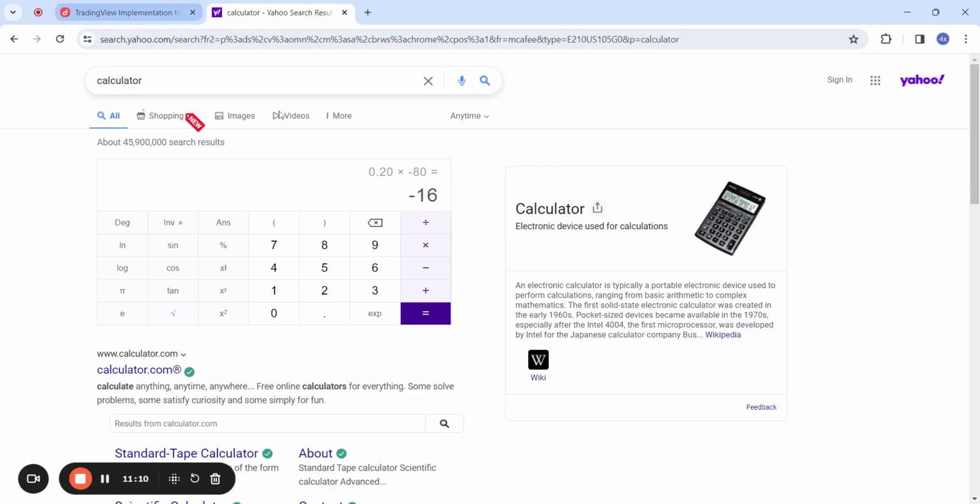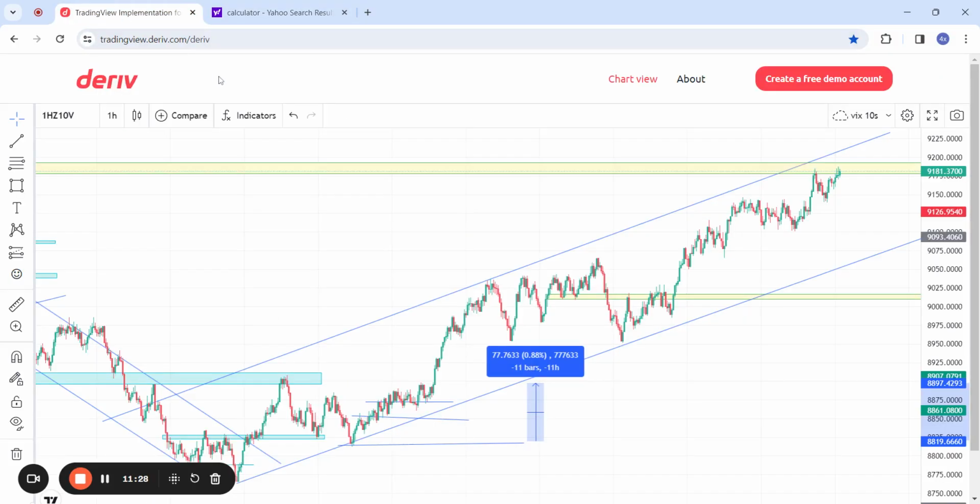That alone gives me 80 points. So how would I get a 10% win ratio? Win 1 trade out of 9 and be in profit.